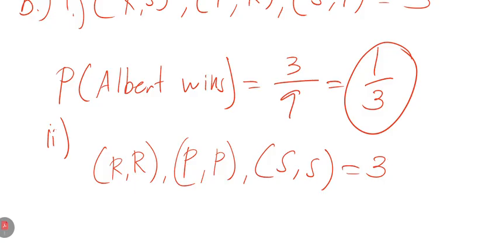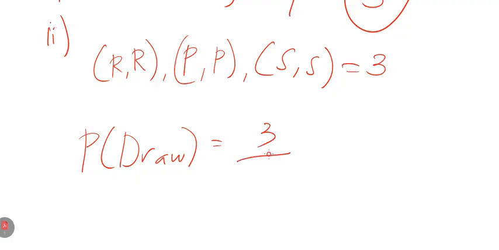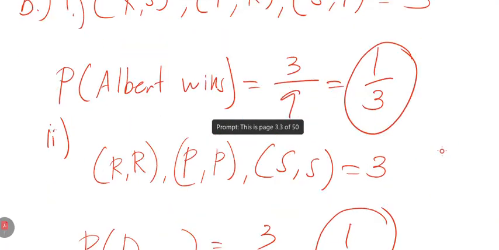The probability of a draw has 3 favorable outcomes out of 9 total outcomes, which equals 1 out of 3. So that's the second answer.